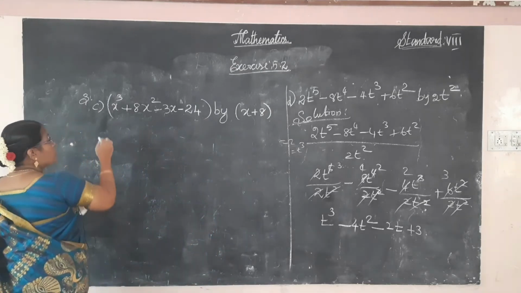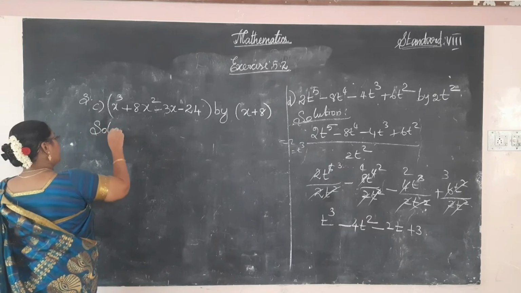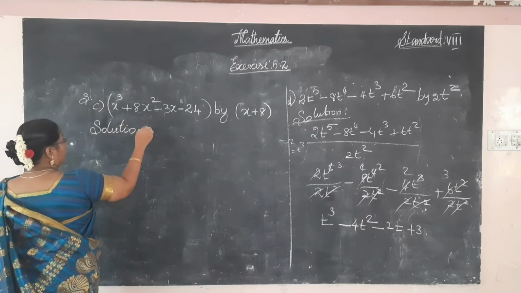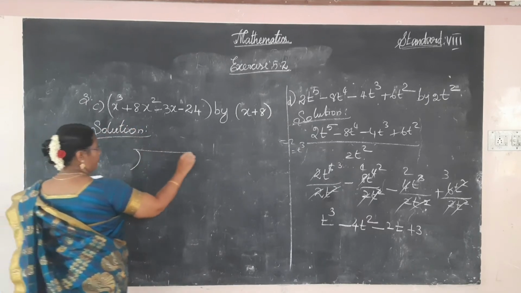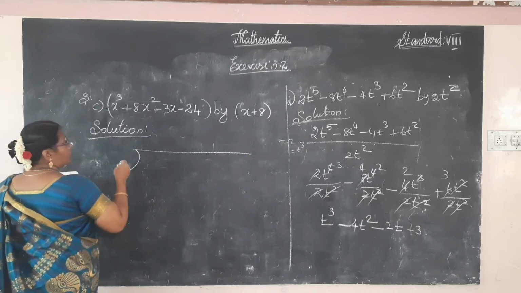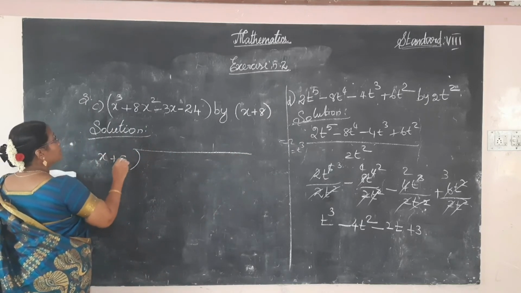So by using the long division method, the divisor is x plus 8.